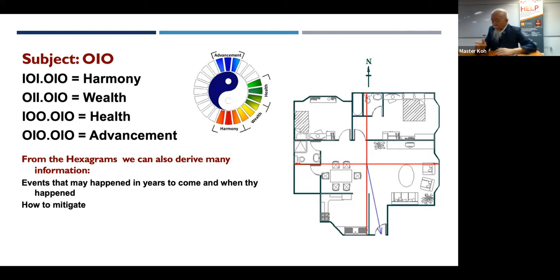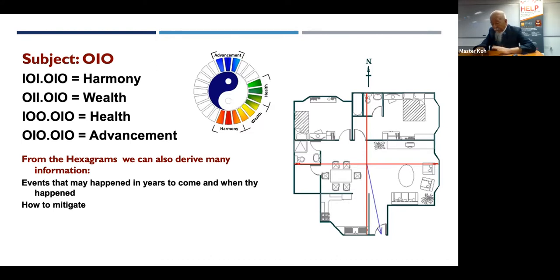If the door is in the east 100, if the subject is 010, then you get health. And if the door is in 010 and the subject is 010, then you get advancement. The same thing like this, yes. Only difference is I plot on from trigram to hexagram using the subject as reference if the door changes.